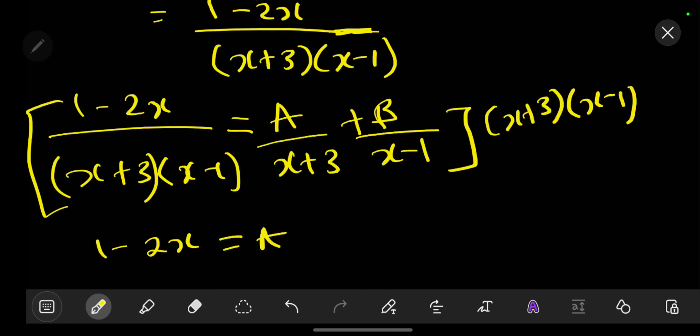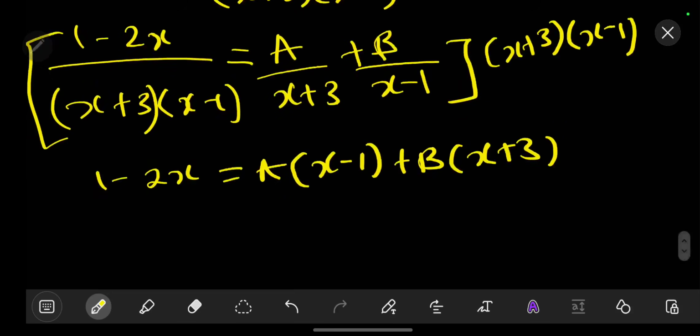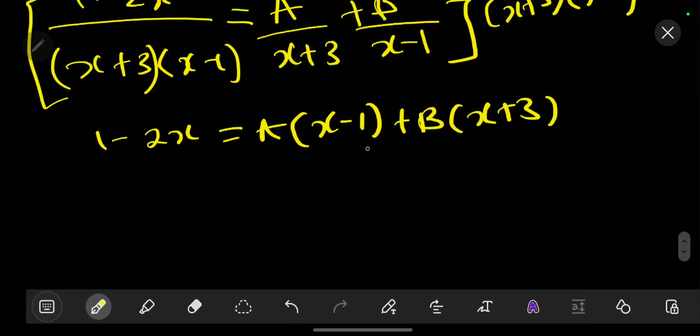This one and this one cancel, so we are going to remain with our x minus 1. Then we have plus our b. Our b, we are going to multiply it with this, since this one and this one will cancel. Then after having this, we are going to get a value.